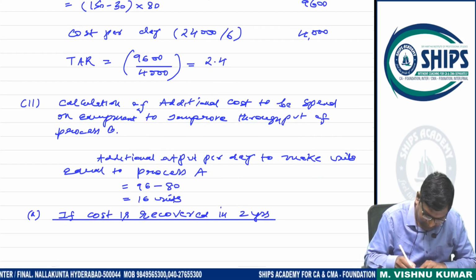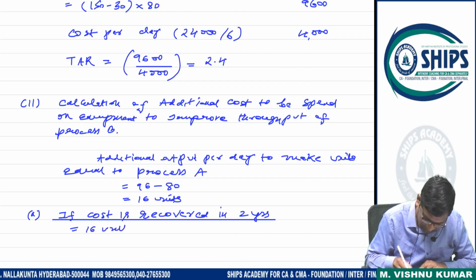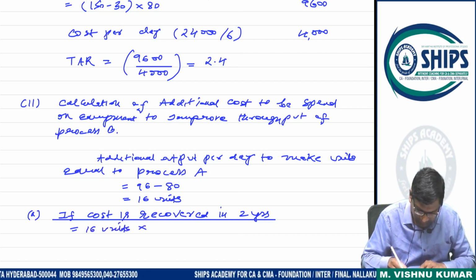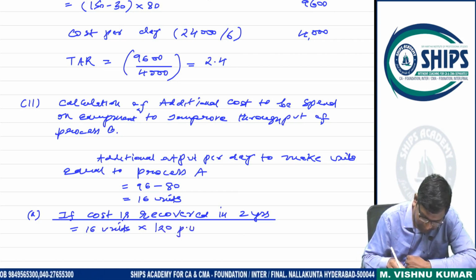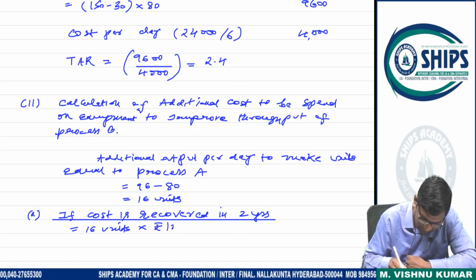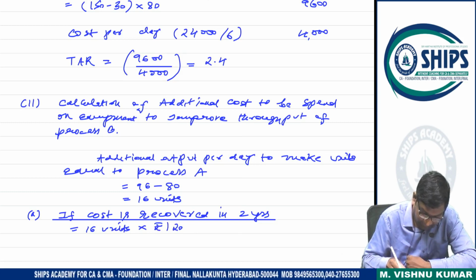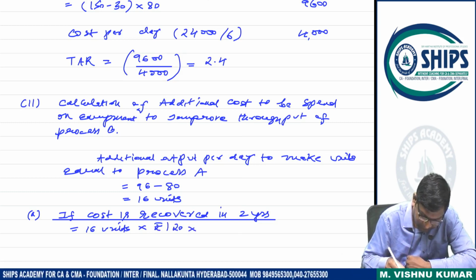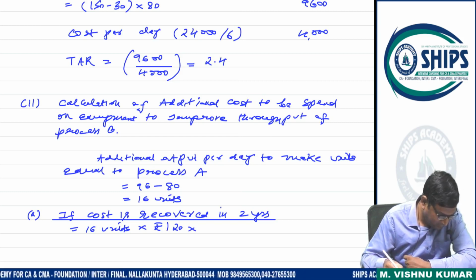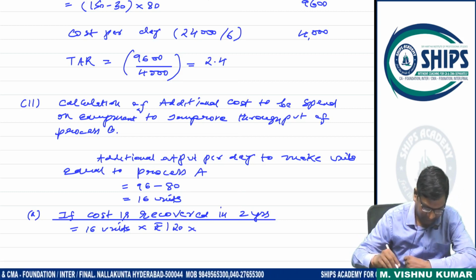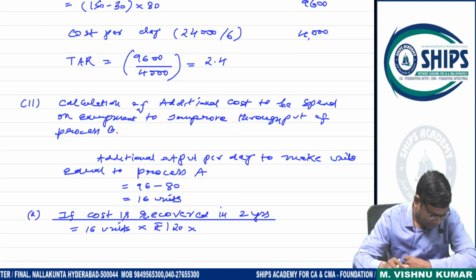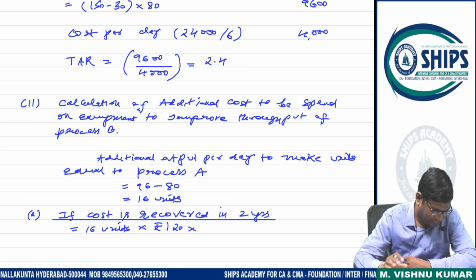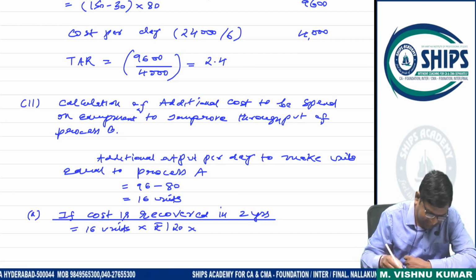In this case, 16 units into 120 rupees contribution per unit. Contribution is 120, yes sir. Now 2 years, how much time have they given? 2 years means 48 weeks.